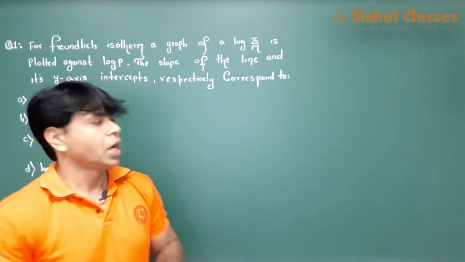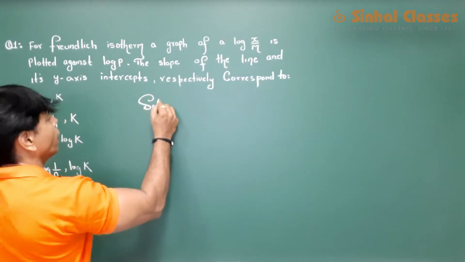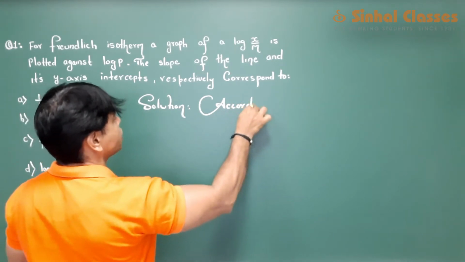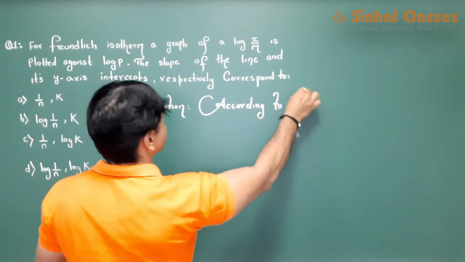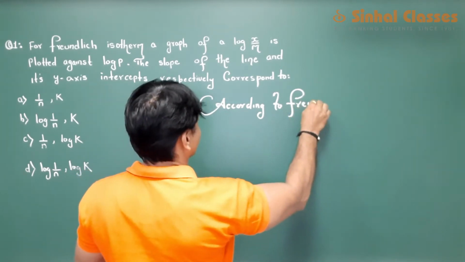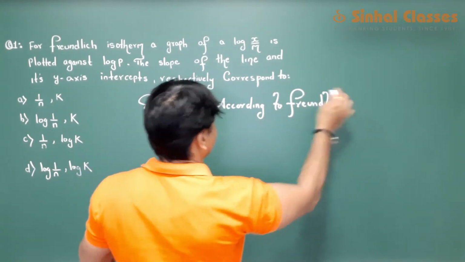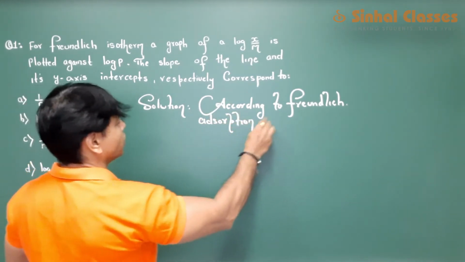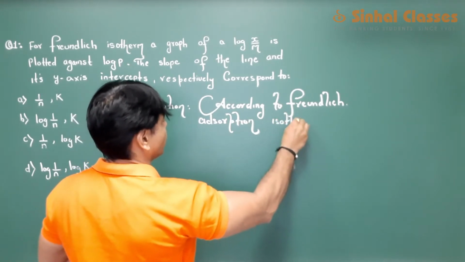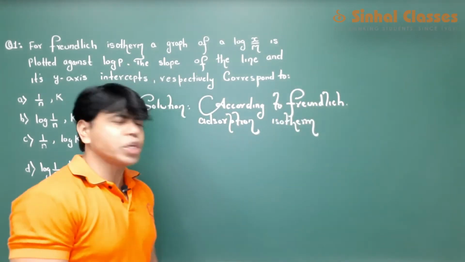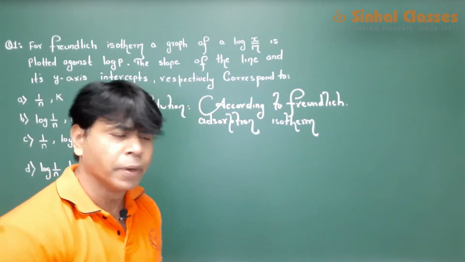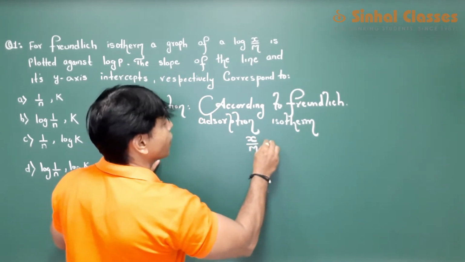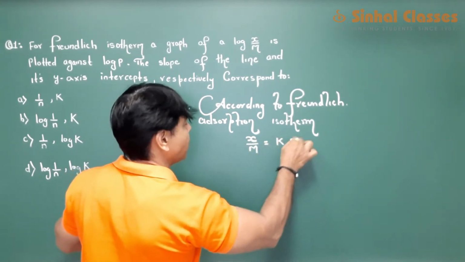Now, according to Freundlich adsorption isotherm, the equation given to us is x upon m is equal to k p raised to 1 by n.